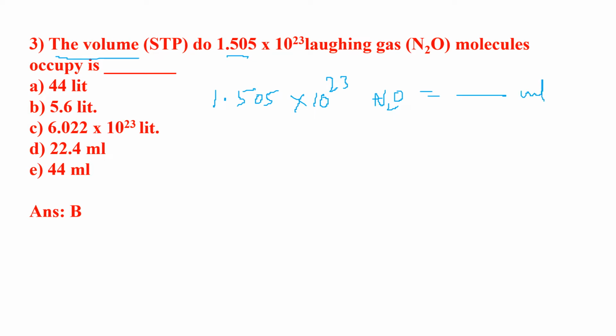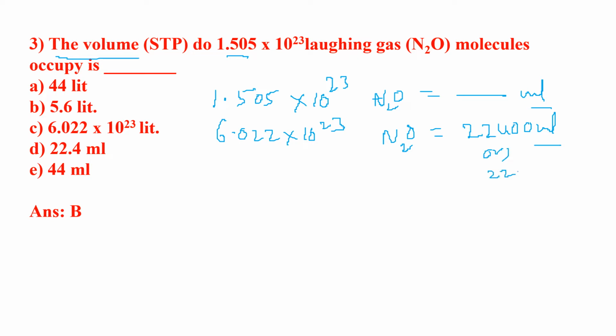Already I explained that 6.022 into 10 to the power of 23 molecules of N2O generally occupies 22,400 ml. If it is in ml, you take 22,400 ml. If you want to express in liters, you take 22.4 liters, and the result will come in liters.